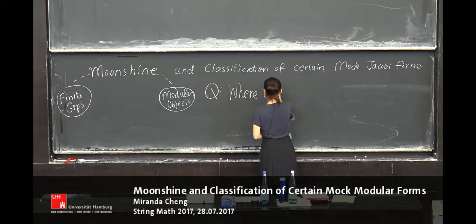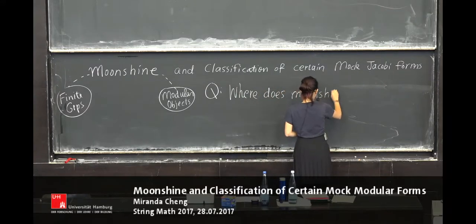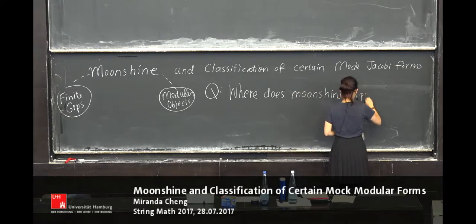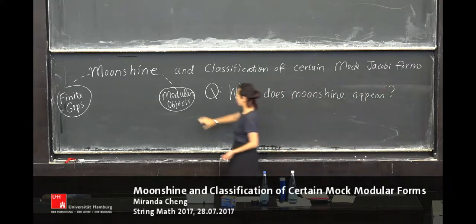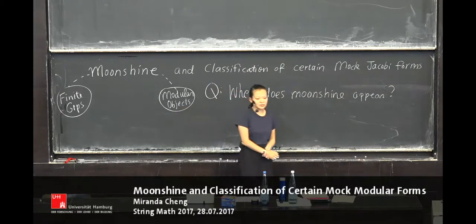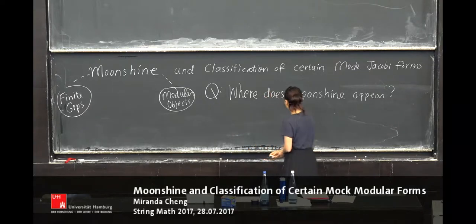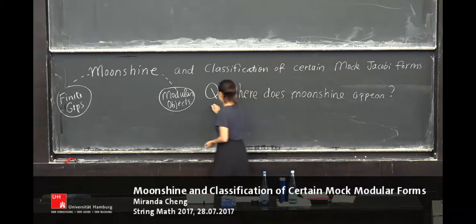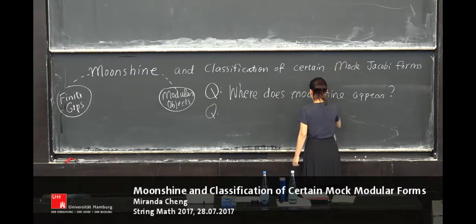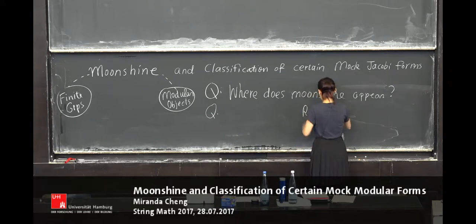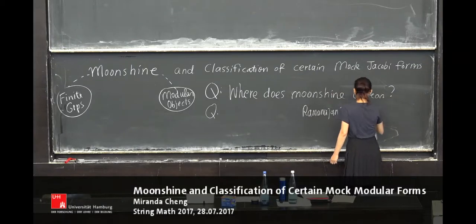where does moonshine appear? In particular, what type of modular objects are relevant in terms of connection with finite groups. Another motivation is about certain mock objects called Ramanujan's mock theta functions.